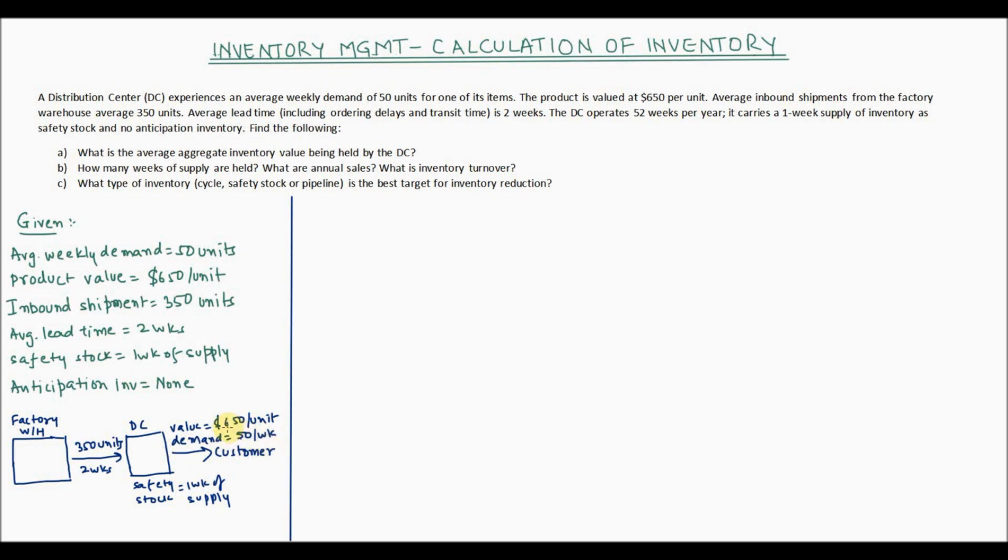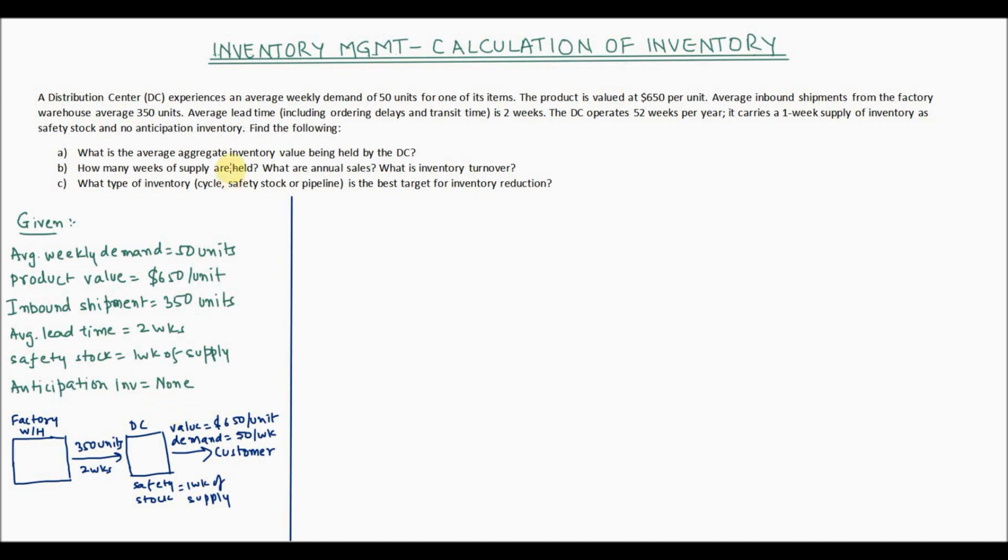The product value is $650 per unit. The inbound shipment amount, or lot size, is 350 units. And average lead time, including ordering delays and transit time, is 2 weeks. Safety stock is equal to 1 week of supply and anticipation inventory is none.